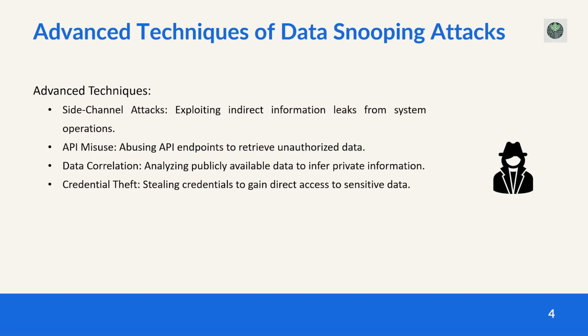This is where public data is pieced together to infer private details. In more sophisticated attacks, credential theft becomes a key tool. This is where stolen passwords or access tokens allow direct entry into restricted systems. These advanced techniques make data snooping complex and an ever-evolving threat.